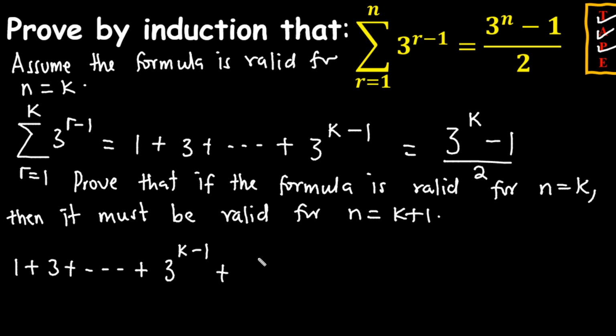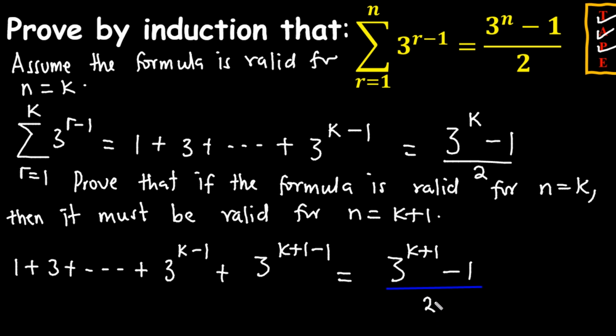So that is 3 to the power k plus 1 minus 1, everything is equal to, where there is n, we substitute k plus 1 on the right hand side. And when we do it, we shall have 3 to the power k plus 1 minus 1, everything divided by 2.